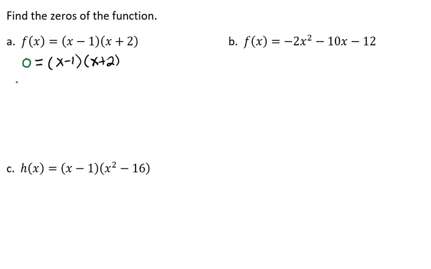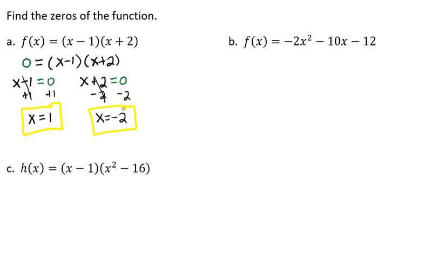And what that says is that we can take each of our pieces and set them each equal to 0 and then solve. So here we'll add 1 to both sides, giving us x equals 1. Here we'll subtract 2 from both sides and get x equals negative 2. And those are our solutions.